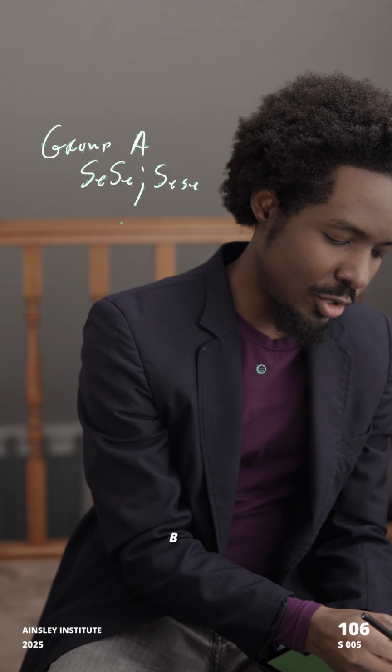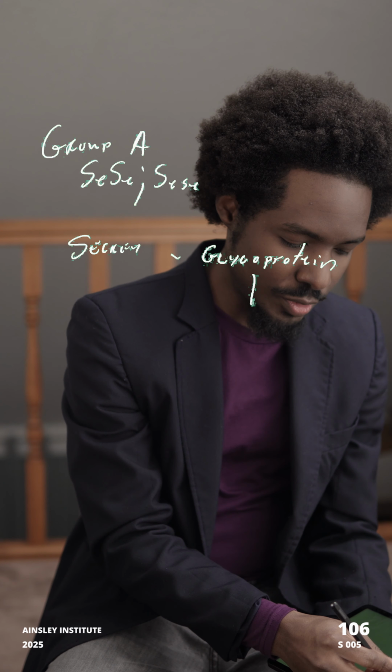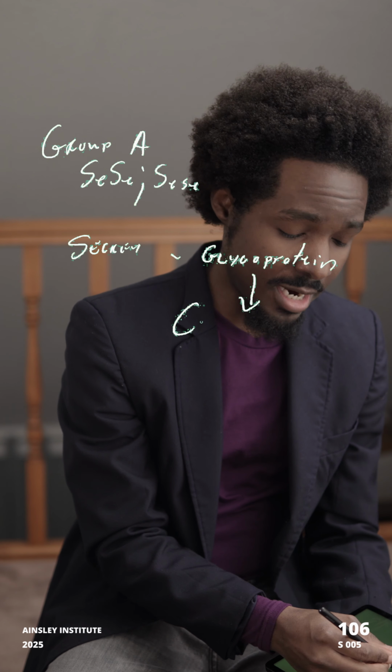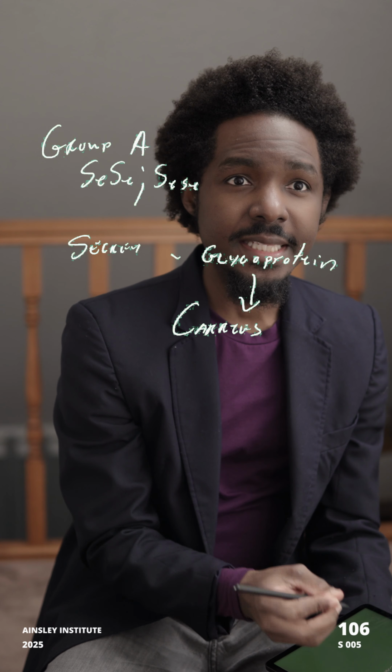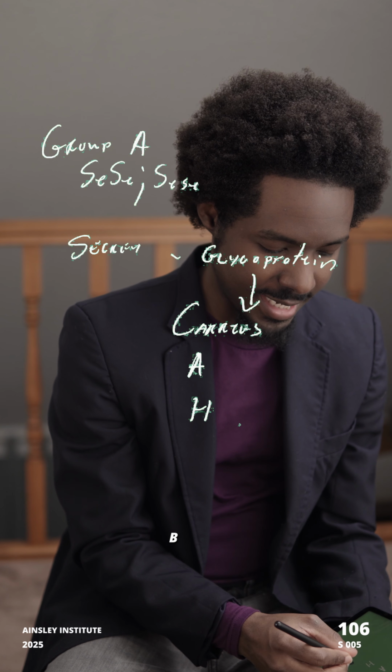If you are a group A, based on your secretion genotype, Se/Se or Se/se, you will secrete the glycoprotein, and this glycoprotein that you secrete carries the A and the H antigen.